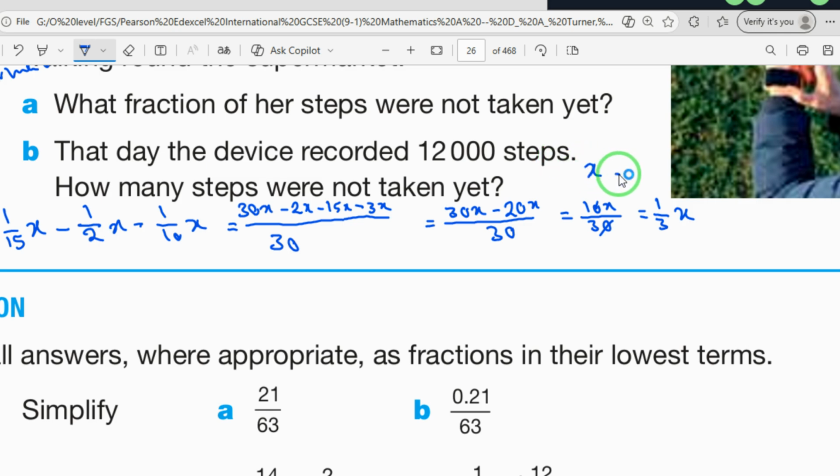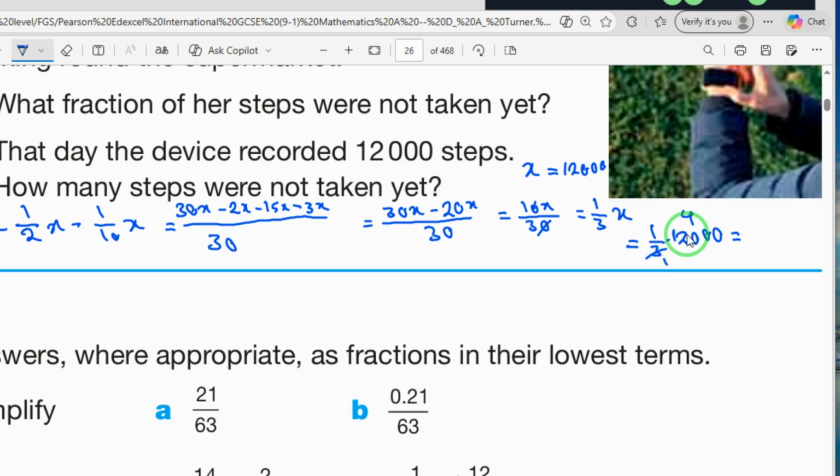It means x is equal to 12,000. So we put here, instead of x, 1 over 3 times 12,000 and simplify. 1 times 3 is 3, 4 times 3 is 12. We write here 4 with 3 zeros. It means 4,000 steps were not taken yet.